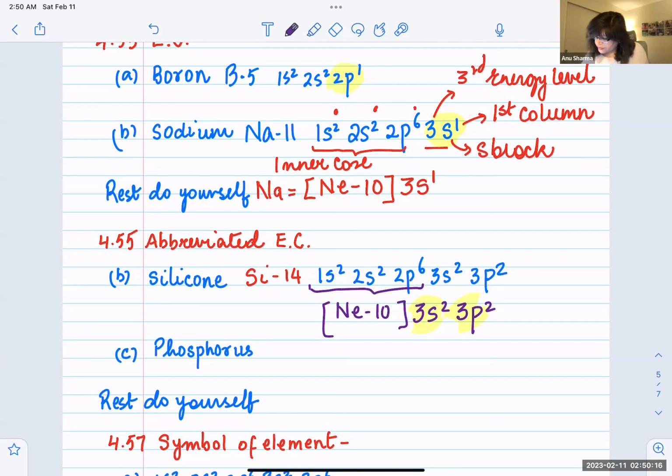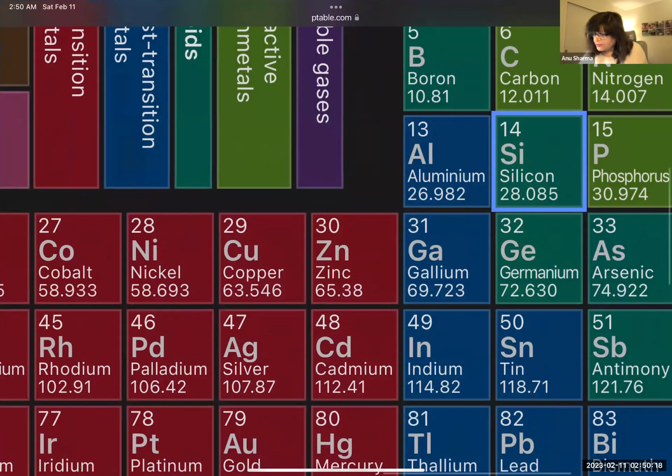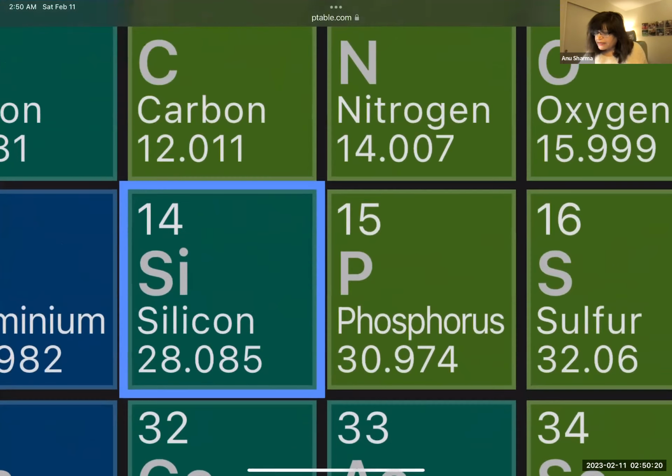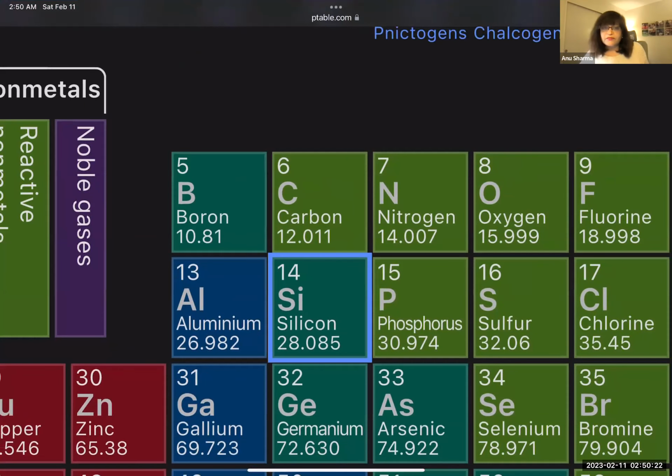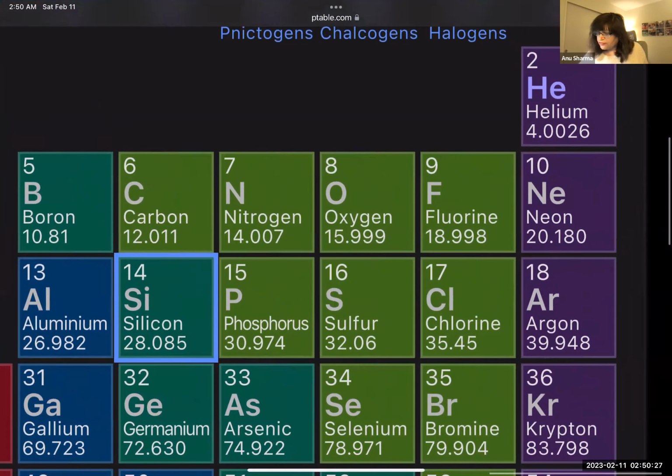Now look at phosphorus. Now phosphorus is P. Now P is present in the third column, so it will be p3, and it is in the third energy level. First energy level, helium, then neon is the second, and the third is argon.